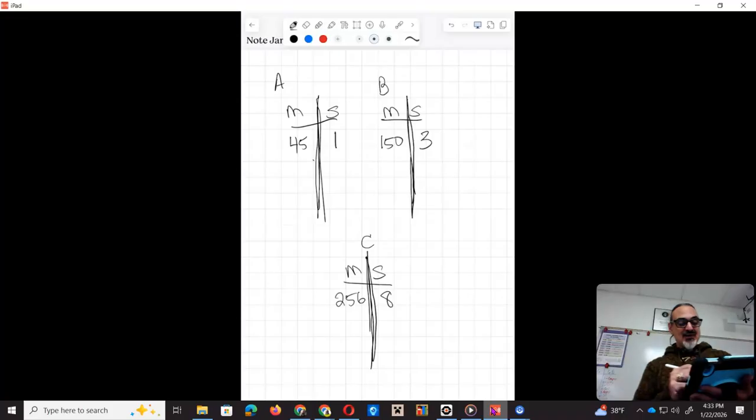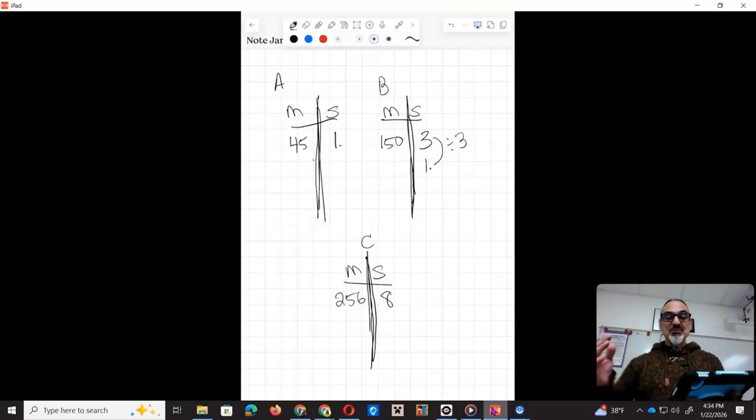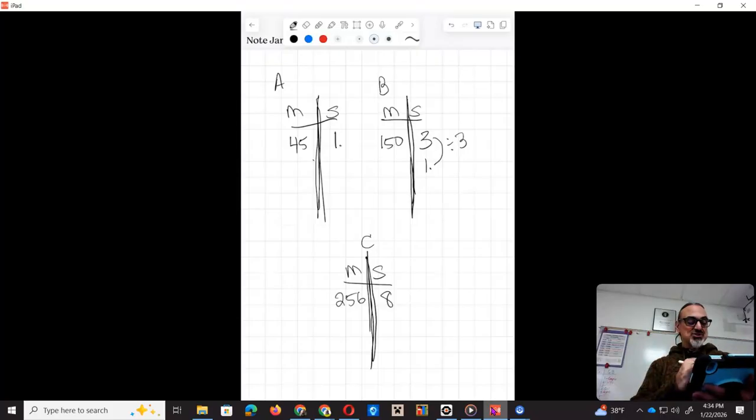Okay, now for this one, I've got a number that just jumps out to me because I can do 150 divided by 3. And the reason I'm doing that is because if I divide 3 by 3, I get 1. That means I've got 1 second here that I can compare to 1 second here. I want to compare unit rates, and I want to make sure my unit is the same thing. It's the seconds. Because if I make meters 1, I can't compare that to 45 meters.